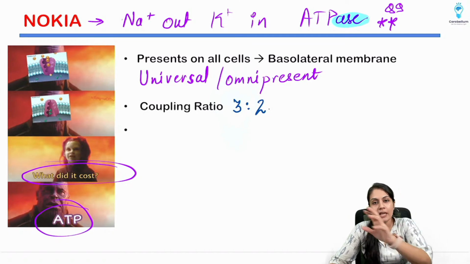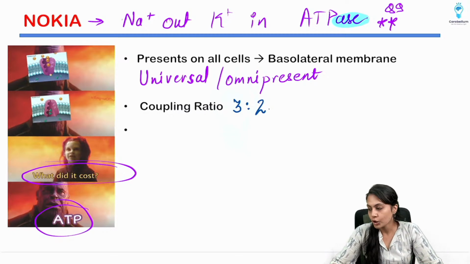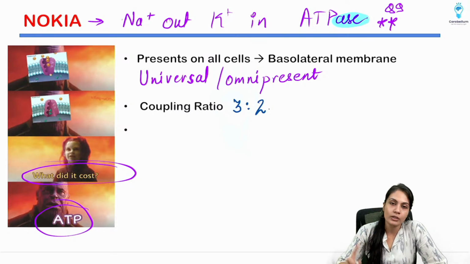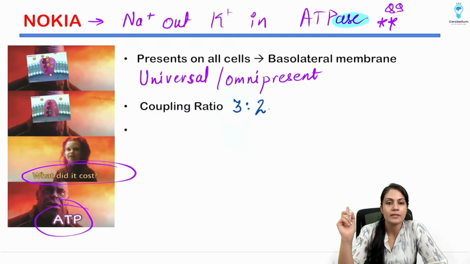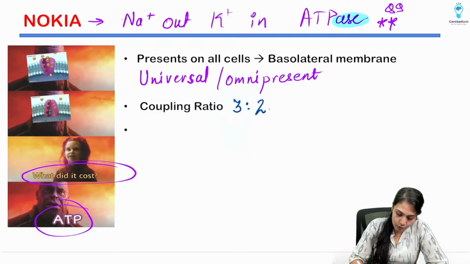Just remember how many letters are there, add 1 to it, with the help of Nokia, which was the first very famous phone in India, that is going to be helpful as the mnemonic, isn't it? Now understand that if this is the coupling ratio and it is using energy, that means it is going against the gradient, and it is using the energy, that means it is the maximum.